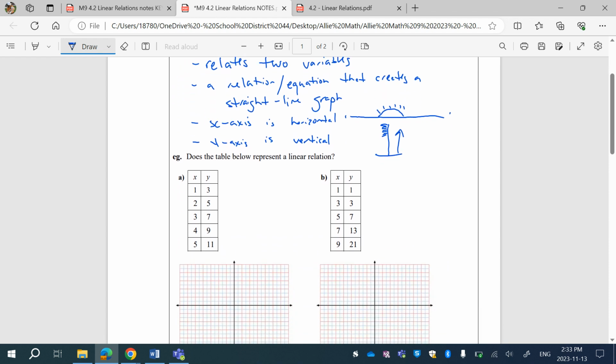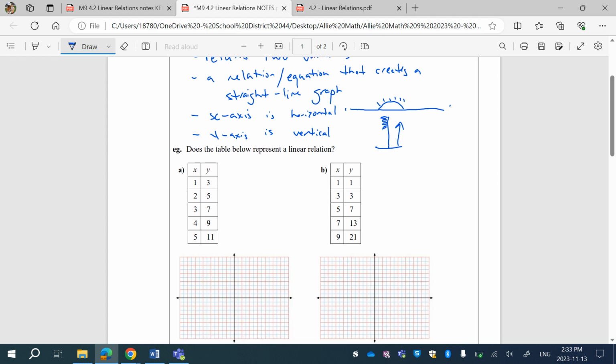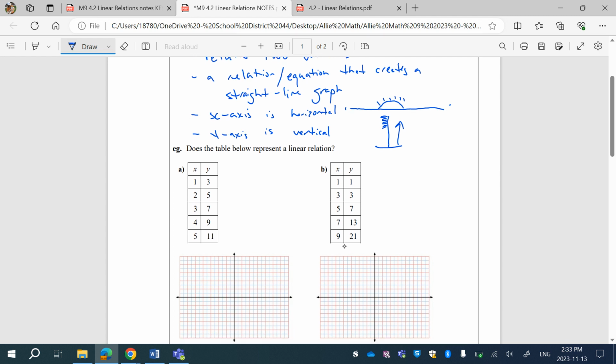So let's look at a few tables and determine whether or not they represent a linear relation. A linear relation needs to increase on each side in the same pattern. So this one is going up by plus 1, plus 1. Okay, that's the same. And this side is going up by plus 2, plus 2, plus 2, plus 2, plus 2.